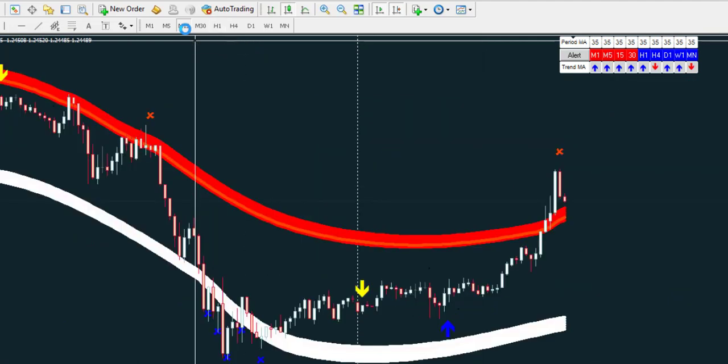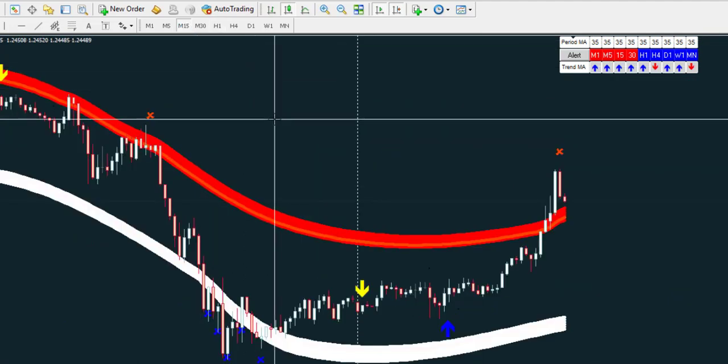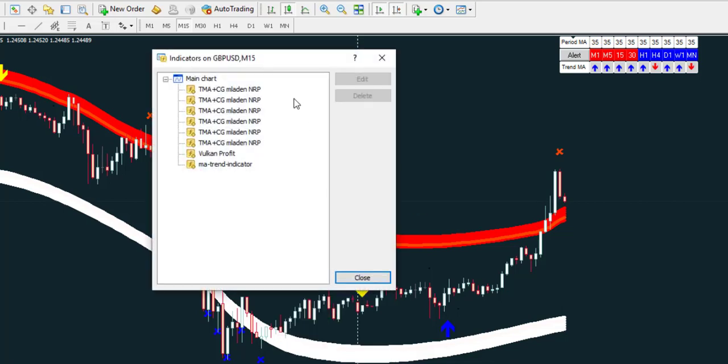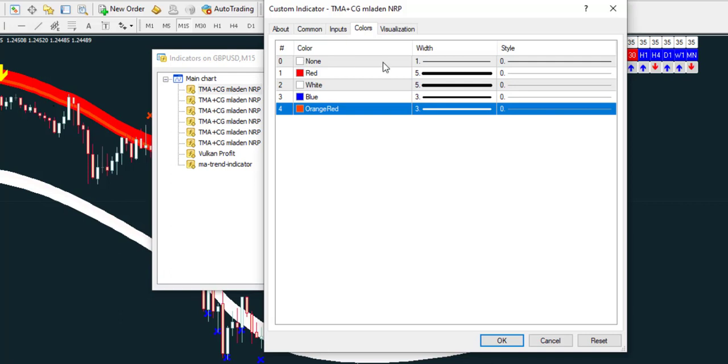We have the TMA indicator, and I've changed the settings and the colors. The first one gave us the blue arrow for a buy and orange red for a sell, and this is the band, the red and white, and these are the values that are used for this particular TMA indicator.